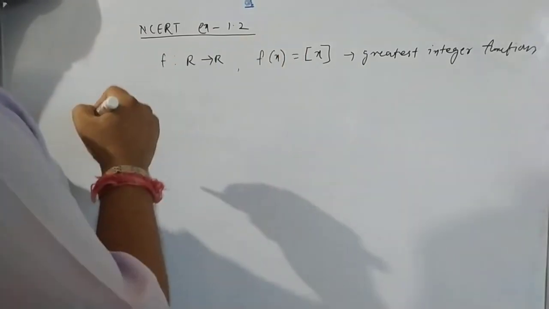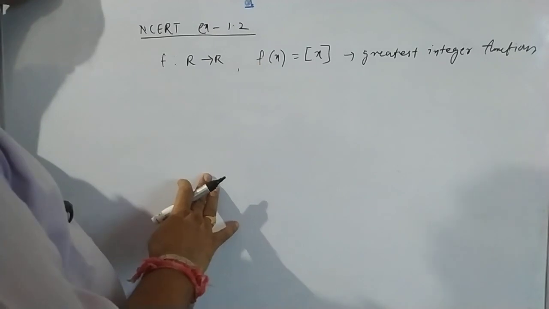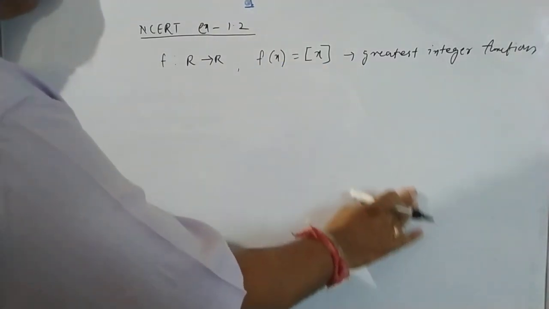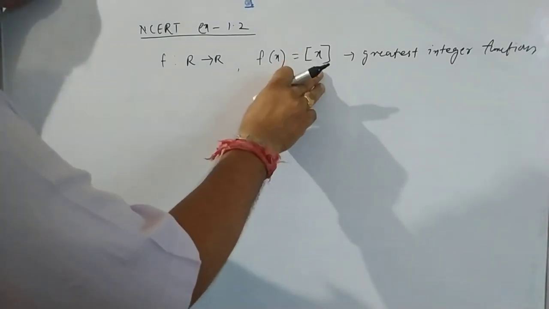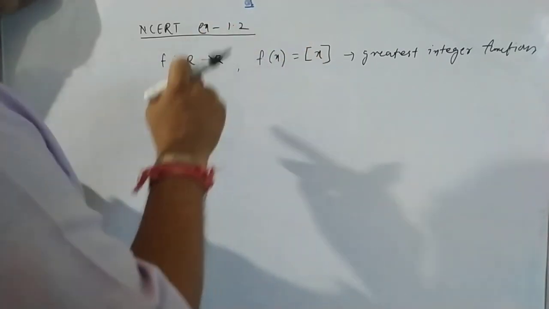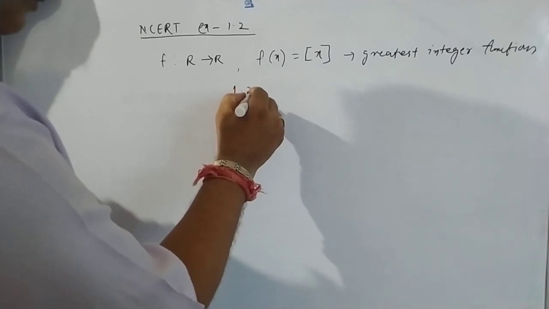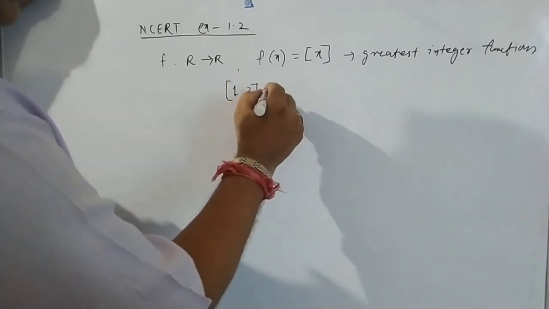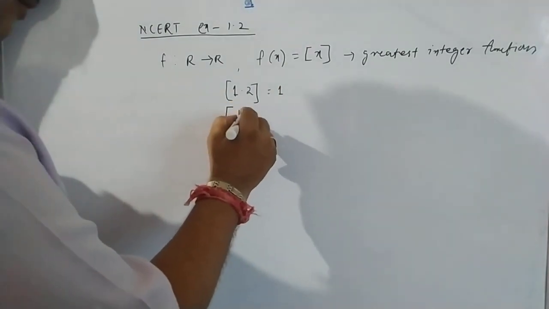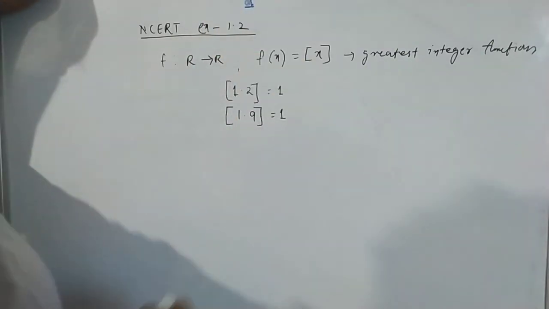In this case you cannot take f of x1 is equal to f of x2, because you can find the value of a greatest integer function only when you know the value of x. For example, 1.2, its greatest integer value is 1. 1.9, its greatest integer value is 1.